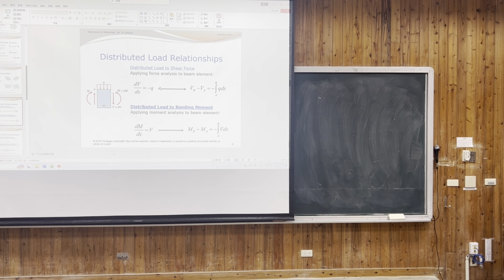Are we on the same page? This is a theoretical way to draw a shear moment diagram. But it is hard for new learners to find out the equation or the function of the distributed load or the constraint load.